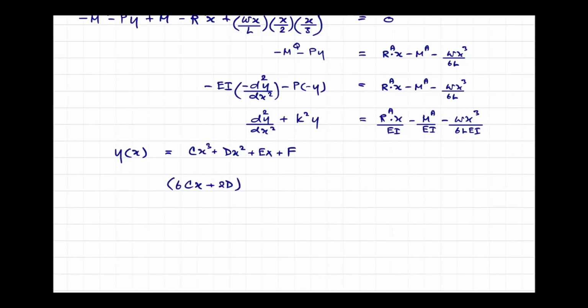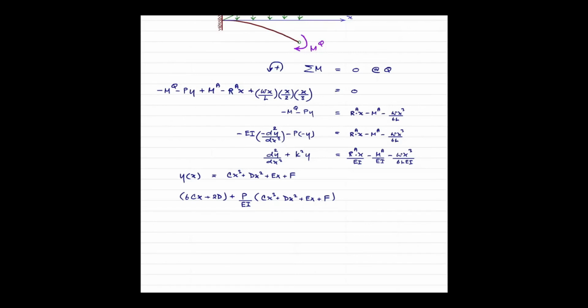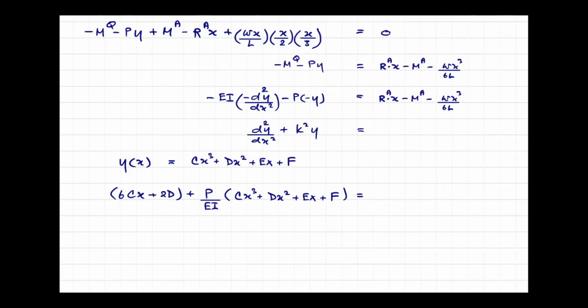Ex gone, F's gone, plus the k squared, which is P over EI, and this whole thing equal to this term on the right hand side.